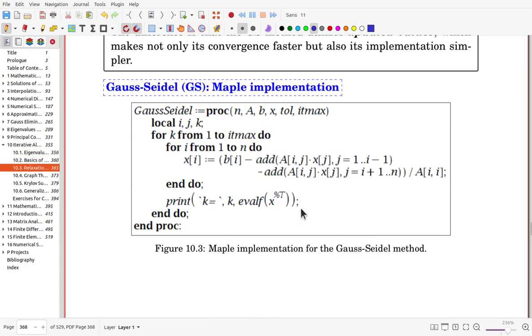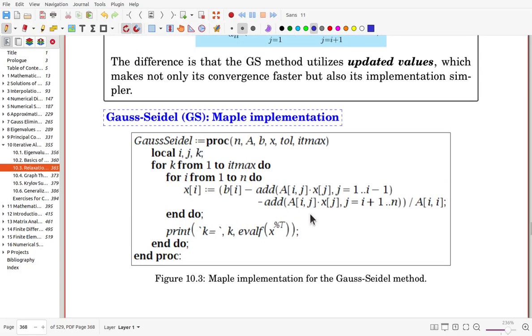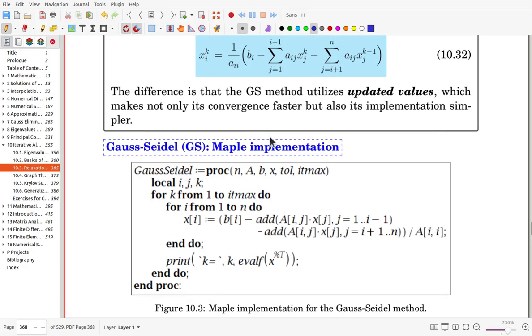Now, for Gauss-Seidel, we are using updated values so that we don't have to make another copy of the solution. After computing the quantity x_i^k by using the formula, we just save it at the same position as the earlier x^(k-1), so it is updated.